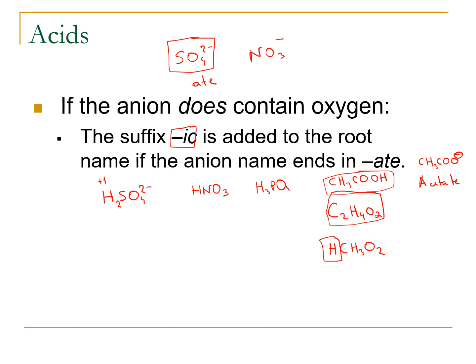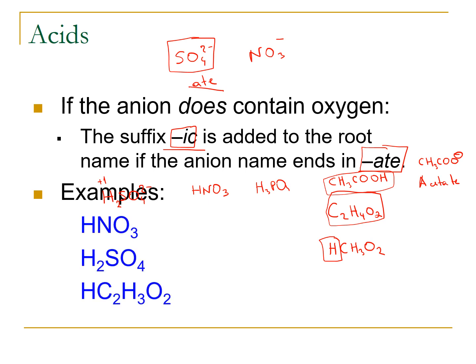So again, these are the acids of the common ions that have the ending of -ate, and here there's no prefix or anything, so we're just changing it to "ic," right? So sulfuric, acetic, and etc. Right, so nitric, sulfuric, and acetic acids.